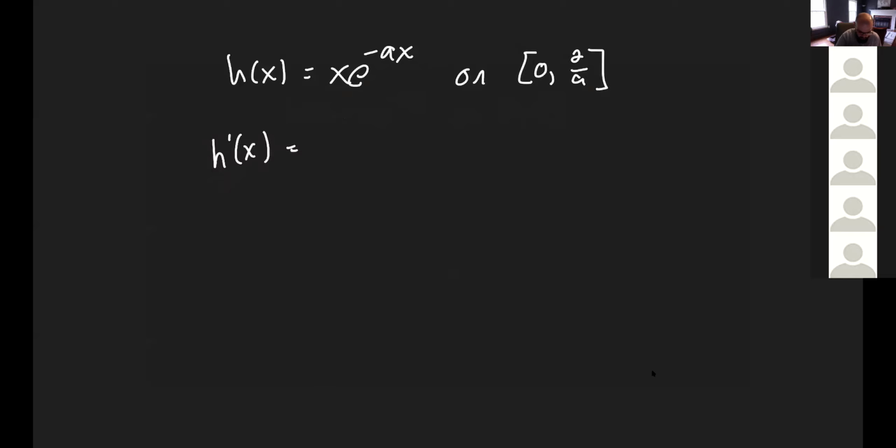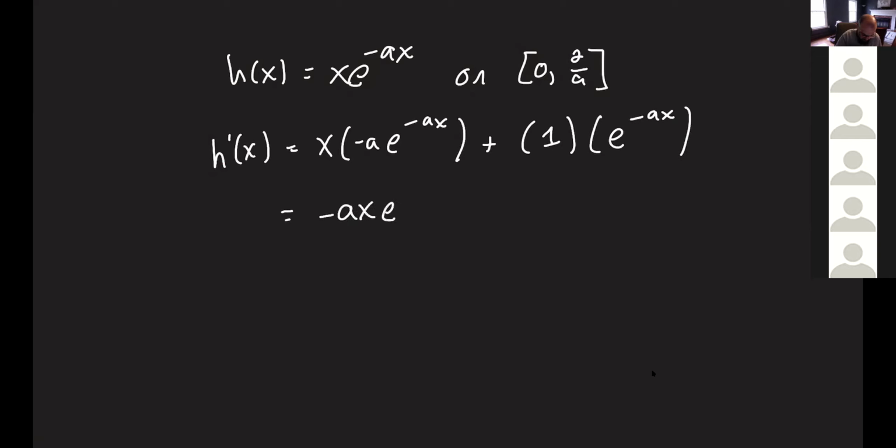I'm going to get this additional a that pops out. So I'll get x times negative a e to the minus ax plus a 1 times e to the minus ax. So we get negative ax e to the minus ax plus e to the minus ax.